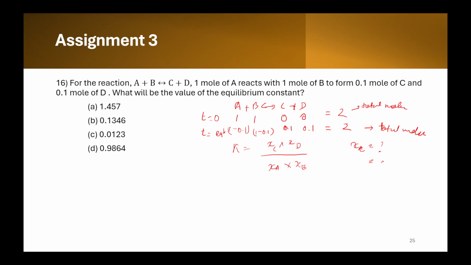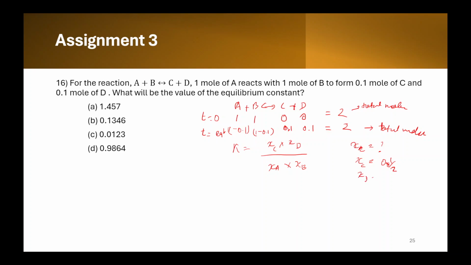These are the moles of C at equilibrium, 0.1, and total moles are 2. So mole fraction of C will be 0.1 by 2.